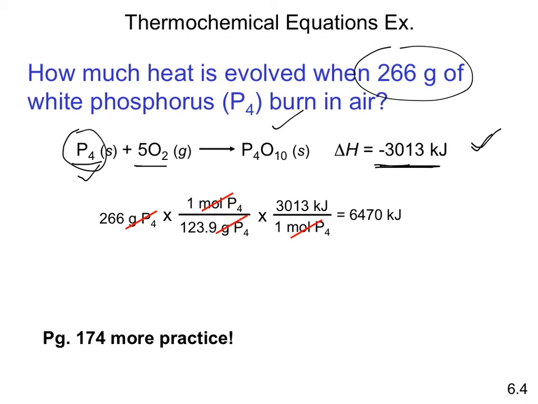The mass that they give us for that phosphorus means that I need to first calculate how many moles of that reactant I have. So I'm going to do a basic mass to mole conversion. This conversion gives me moles of P4.